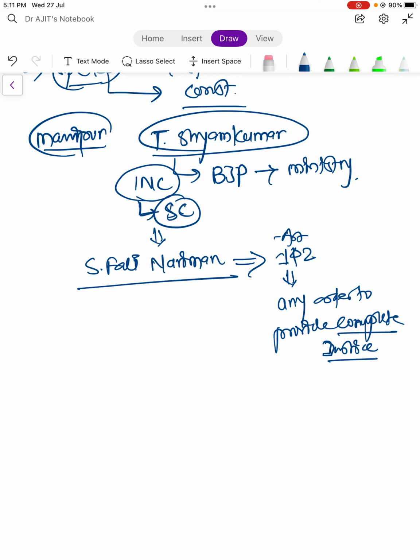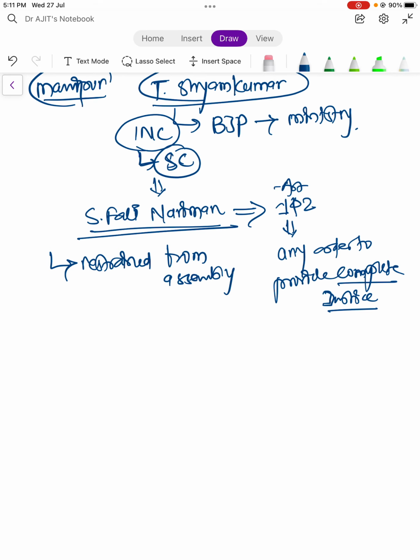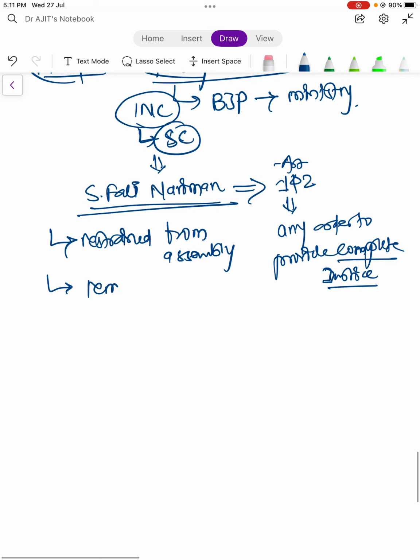Complete justice, right? So this power was used by this bench of Fali Nariman. They came up with 2-3 things. First, they restrained this MLA from even entering the assembly. They asked him to stay away from the assembly. Second, they removed him from the ministry.